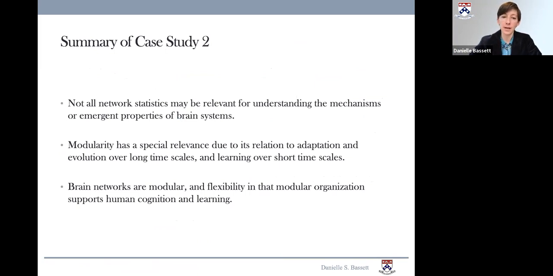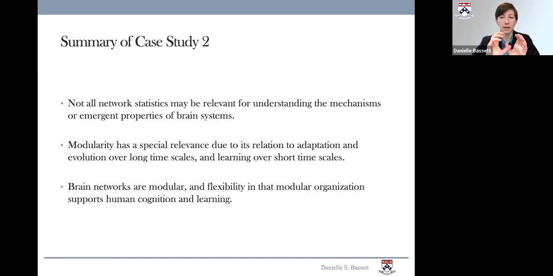So just as a quick summary of case study 2, we found that not all network statistics may be relevant for understanding the mechanisms or emergent properties of brain systems. We went back into history and found that modularity seems to be something that's been noted as important across many areas of biology in the context of evolution and development. And so we focused on modularity because of that special relevance. And we focused on taking that notion that modularity is important for adaptation, bringing it down to the small temporal scales of learning.